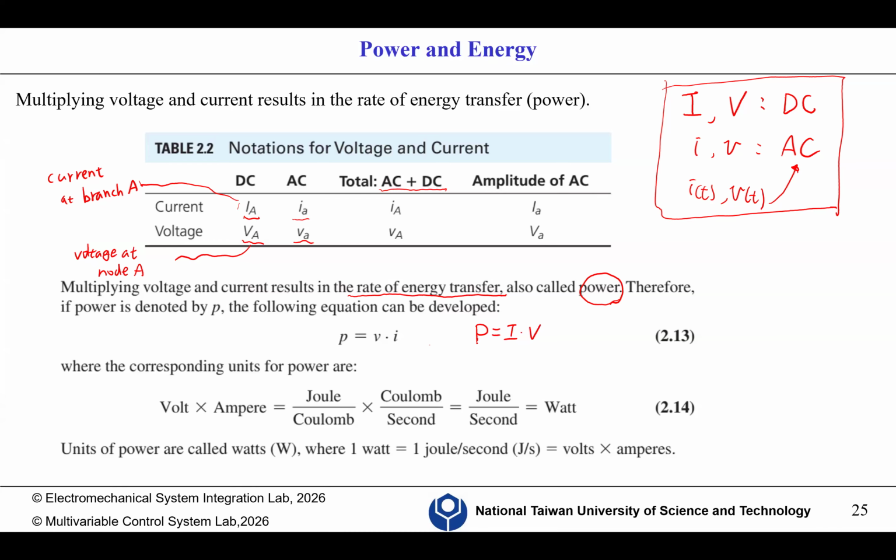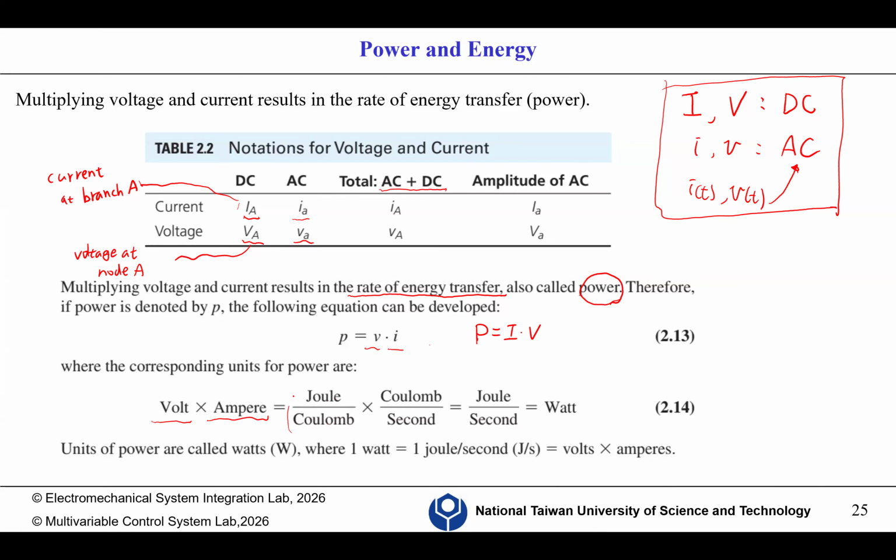Okay, if we're talking about a resistor, how much energy it consumes in a unit time. But we can look at its units, and it will become more and more clear. So voltage times current: the unit of voltage is volt, the unit of current is ampere.